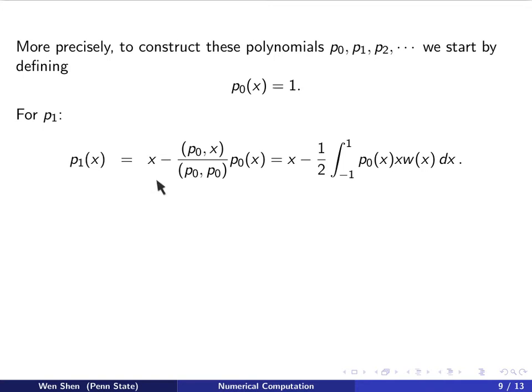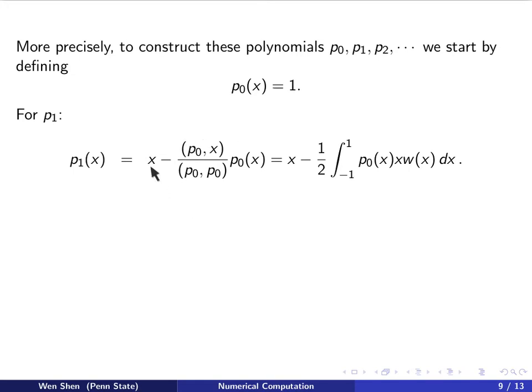P1 is formed by taking this function x here and subtracting this part, and one can view this part as the projection of x onto the function p0. This will be the length of the projection, and the length is multiplied by the function itself. So this whole thing becomes the projection.